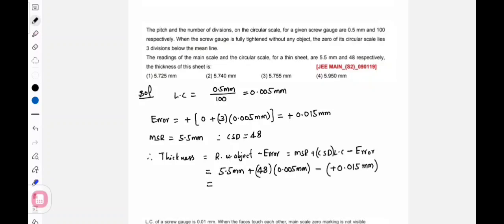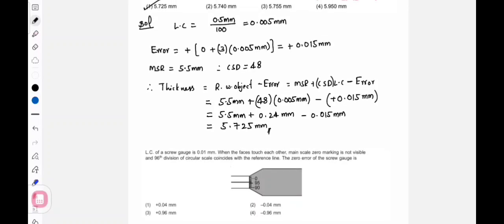So solve this. 5.5 mm, 48 into 0.005 is 0.24 mm, minus 0.015 mm. 5.74 minus 0.015 is 5.725. Yes, that's how we'll find it.